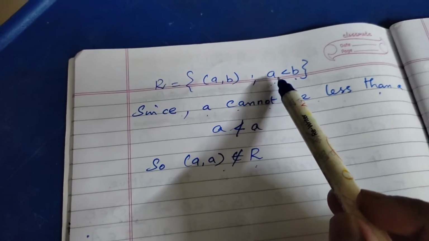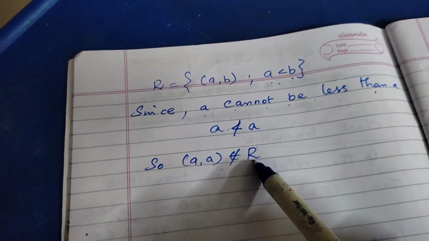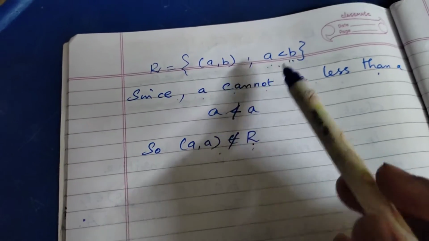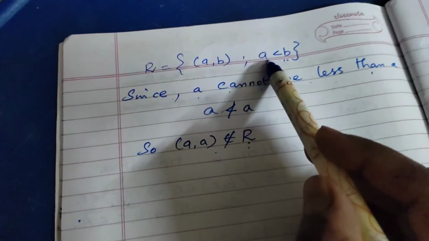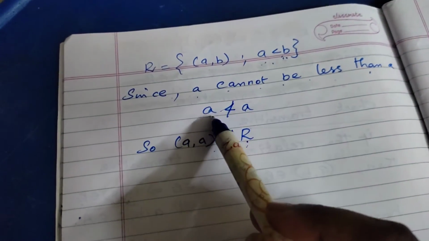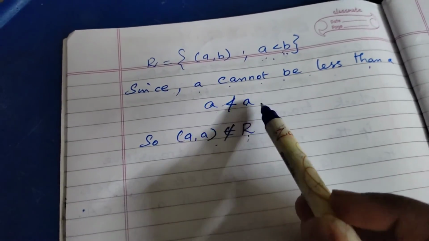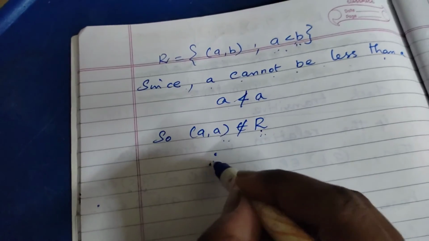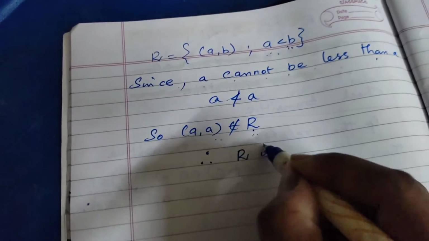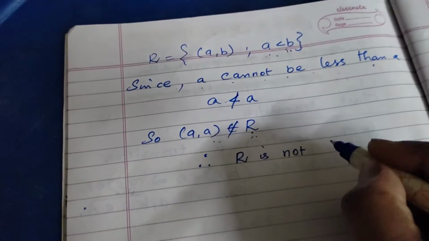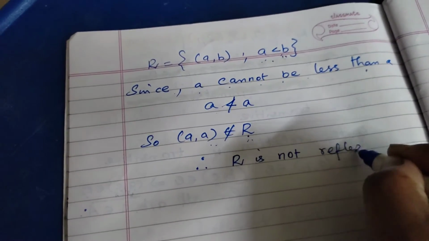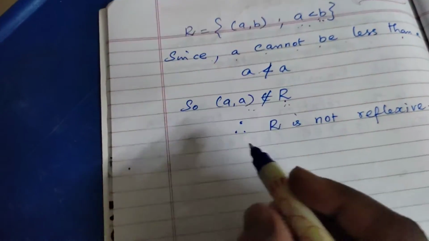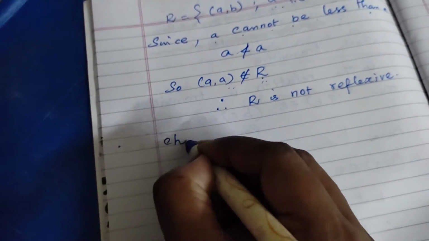That means the relation R does not satisfy the given condition. The condition is a < b, but here a is not less than a. So (a, a) does not belong to R. Therefore R is not reflexive.